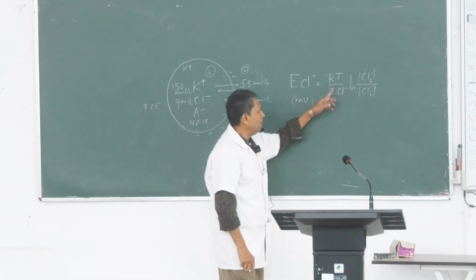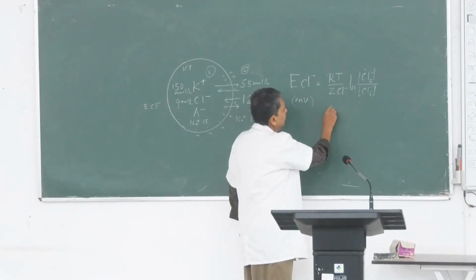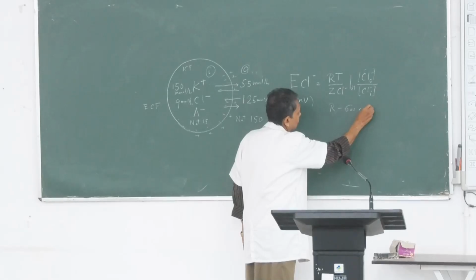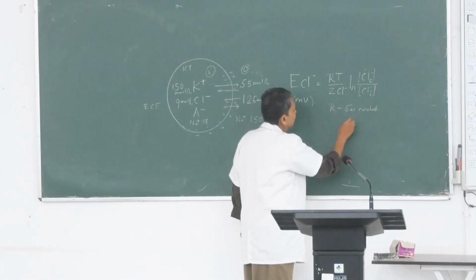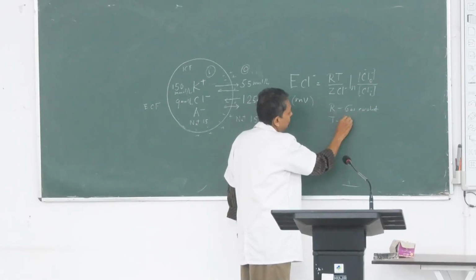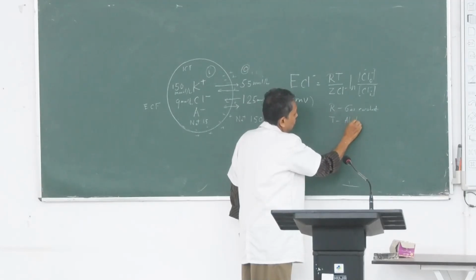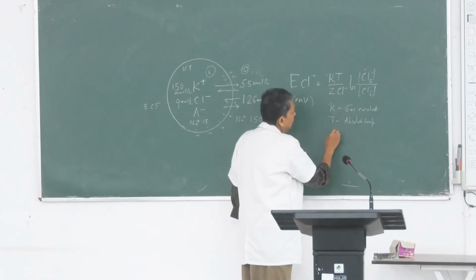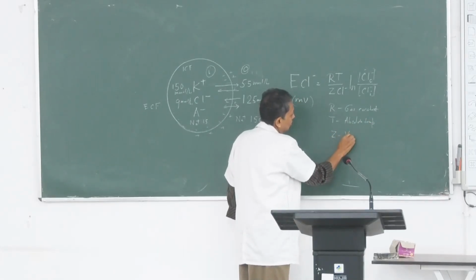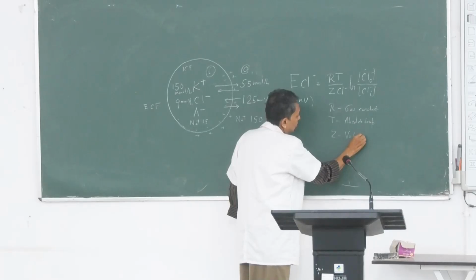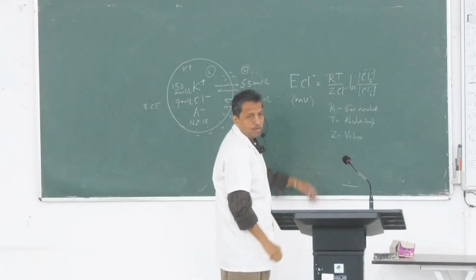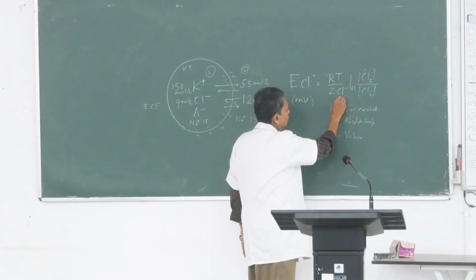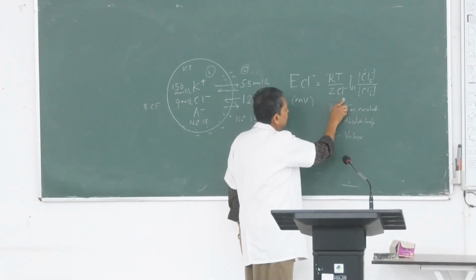And you know these values. R is the ideal gas constant. T is the absolute temperature. Z is valence, the electrical valence of the ion. In case of chloride, it is -1.